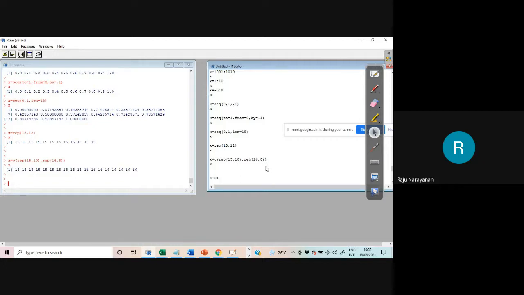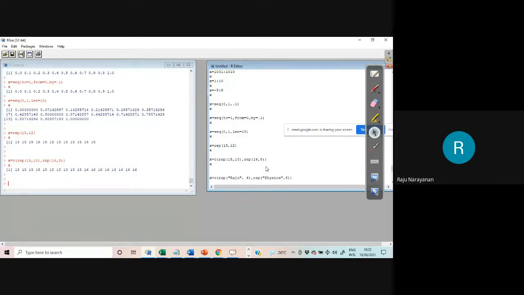You can do this for string characters also. Repeat the string 6 times, comma, repeat Physics 8 times.